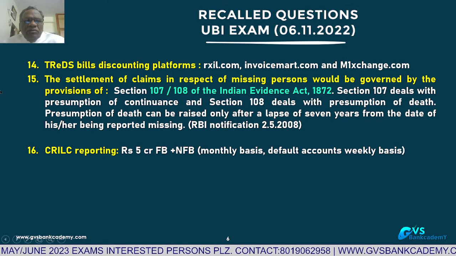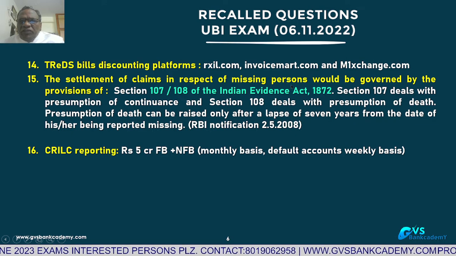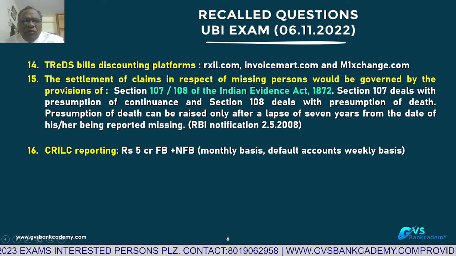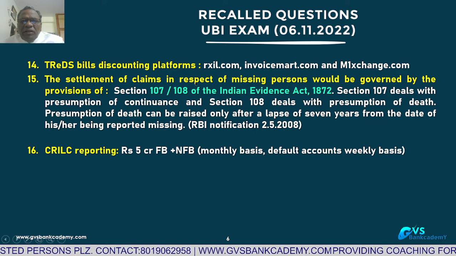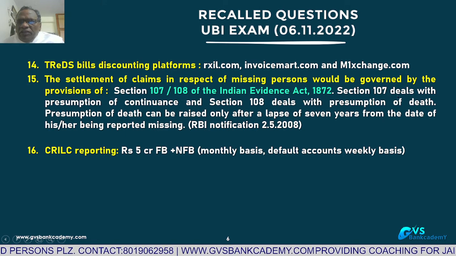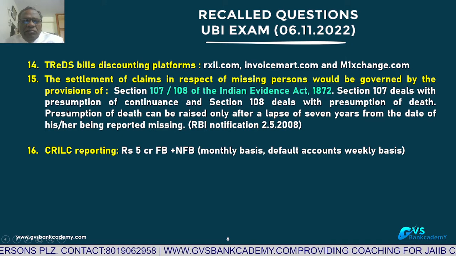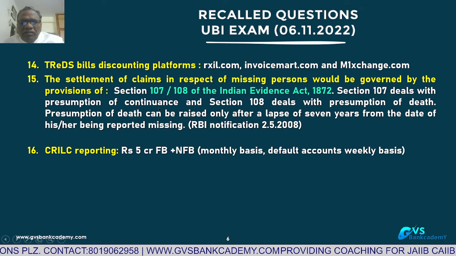Settlement of claims. Next question. Settlement of claims in respect of a missing person is governed by the provisions of the Indian Evidence Act 1872. Section 107, Section 108 of the Indian Evidence Act. Section 107 deals with presumption of continuance.